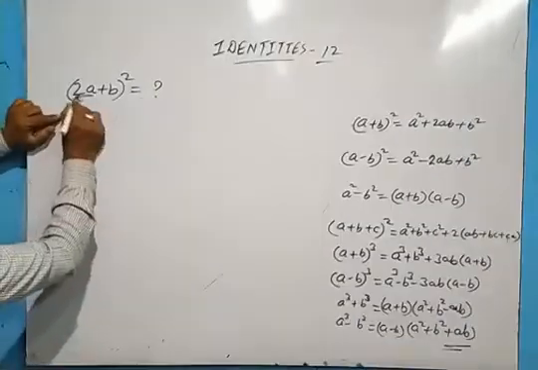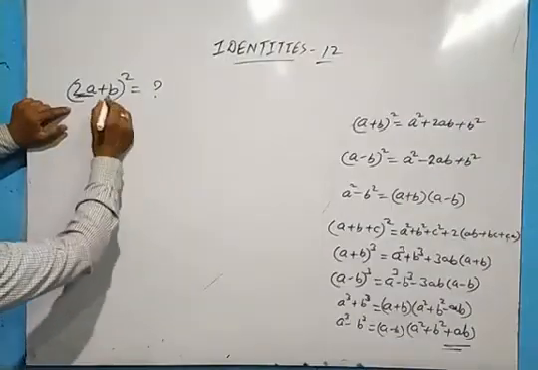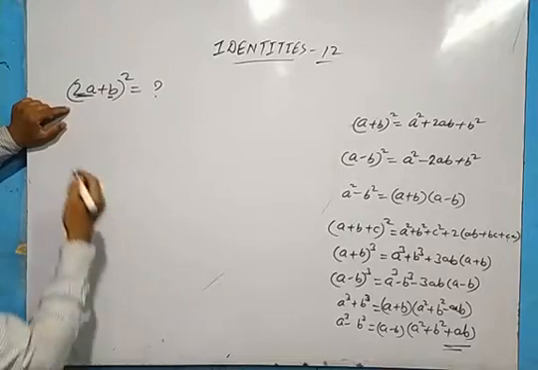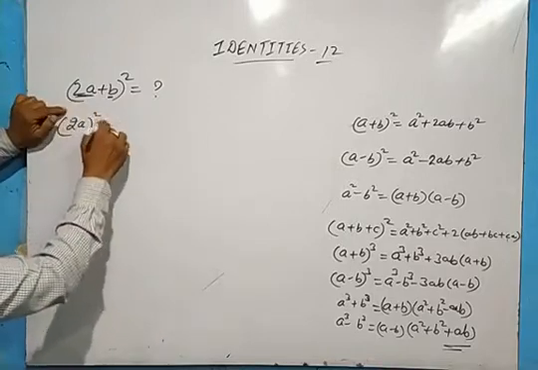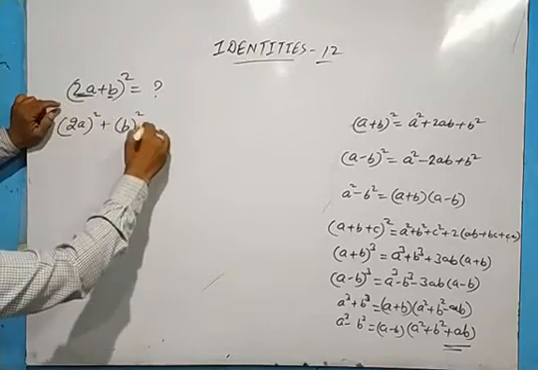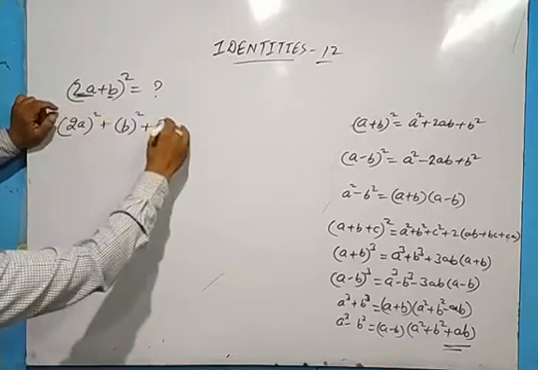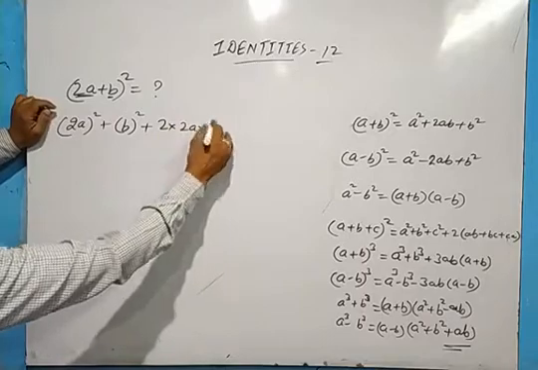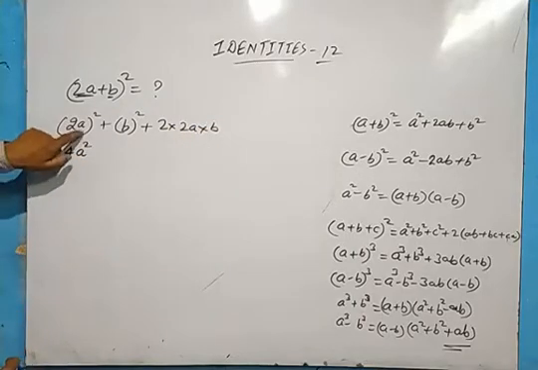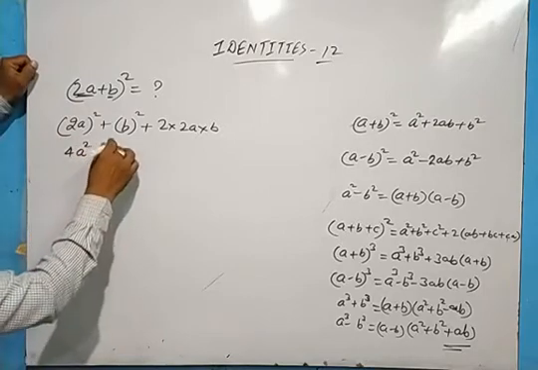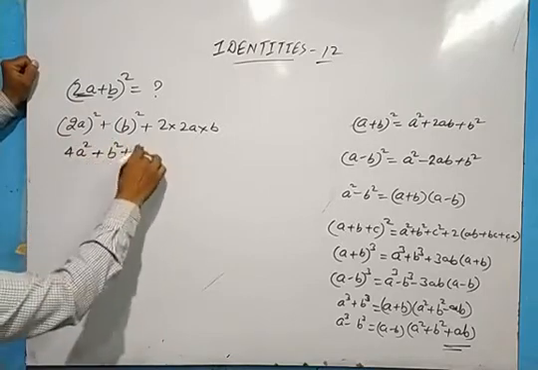So this first term, let us take it as a, second term, let us take it as b. So a squared means (2a) whole squared, second term whole squared, 2 into a into b. So the answer will be 4a squared, because square of 2 is 4, square of a is a squared, plus b squared, plus 2 2s are 4, ab.